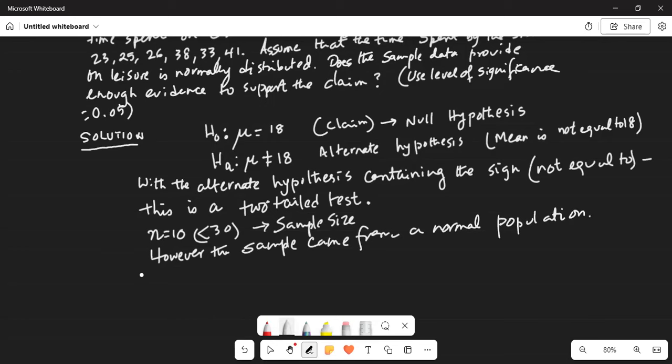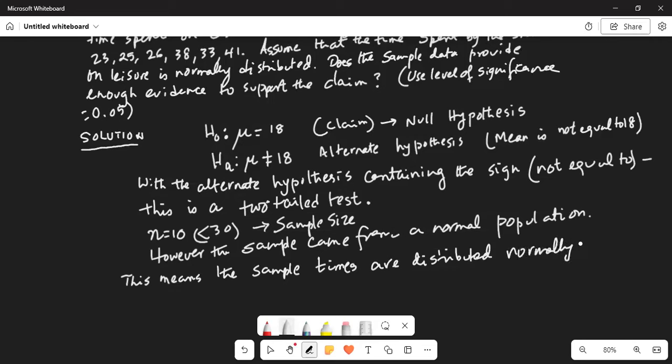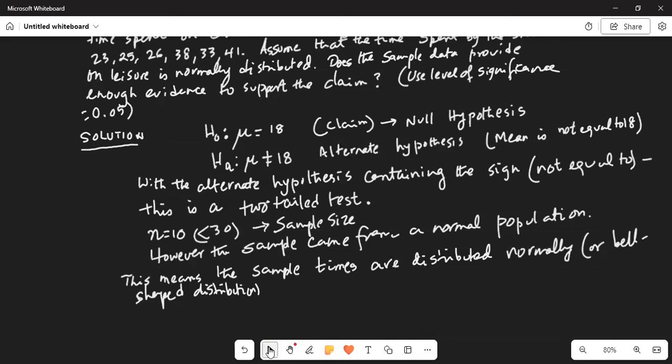This means the sample times are distributed normally, or bell-shaped distribution.